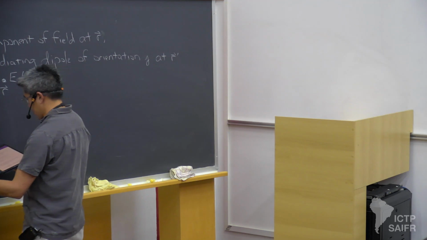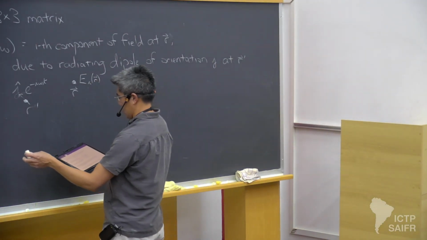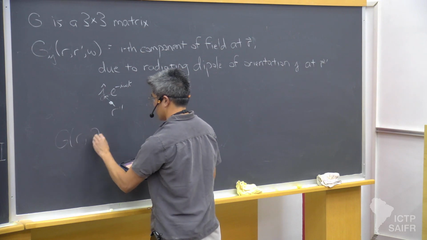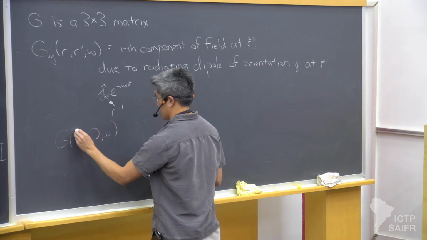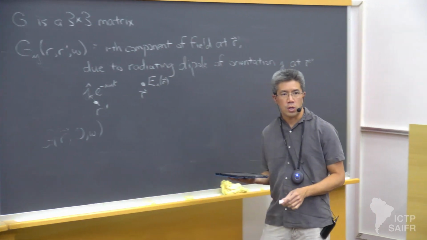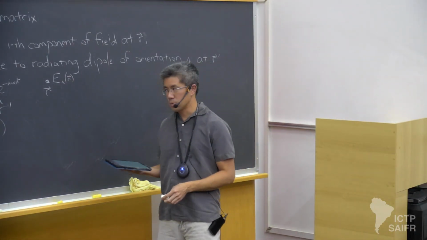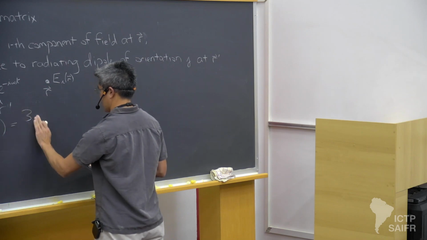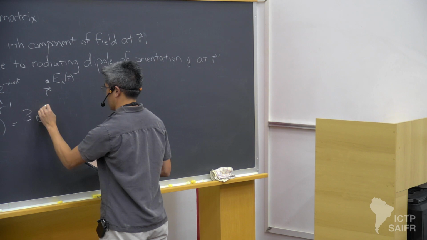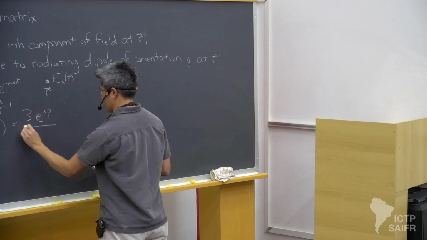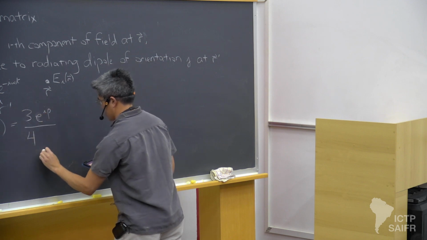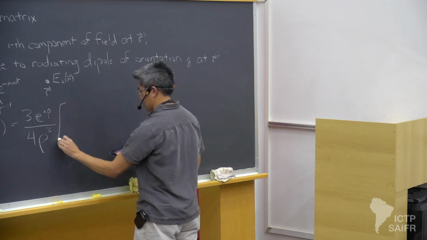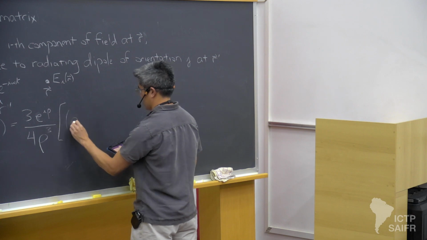If you want a concrete example, let me write out G. In free space, G is translationally invariant, so I could just define one of the points R prime to be 0. You won't have to remember these solutions, but when I write it out, I think it'll look rather familiar to you, or at least the general spirit of it.